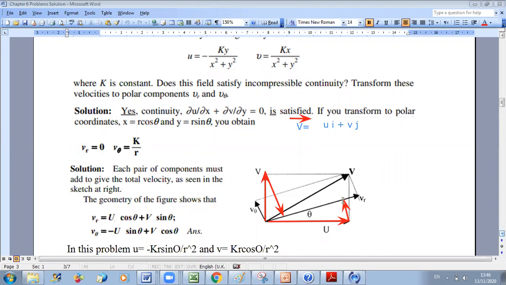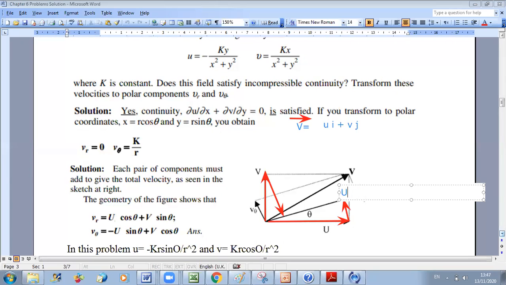And as you can see in this figure, for the U component, its projection on UR is U cosine theta.